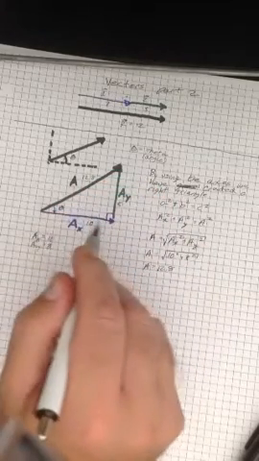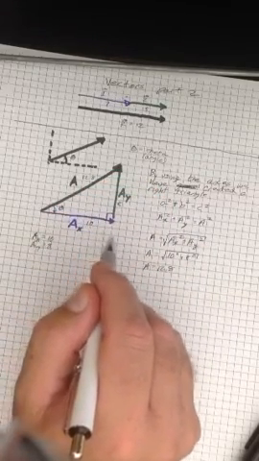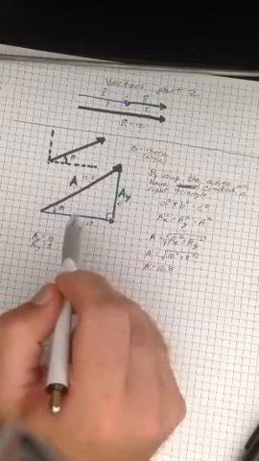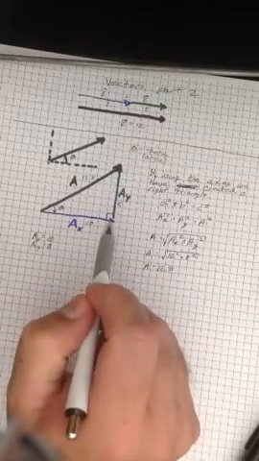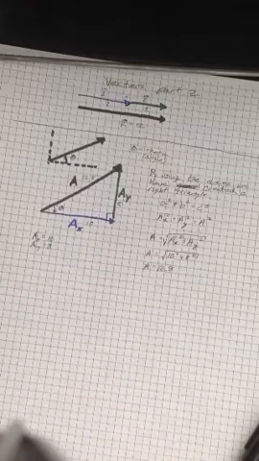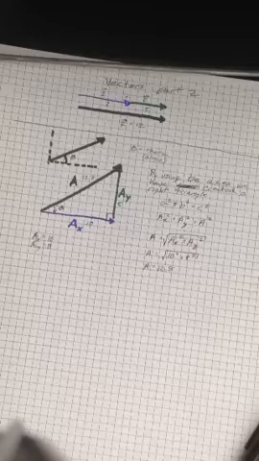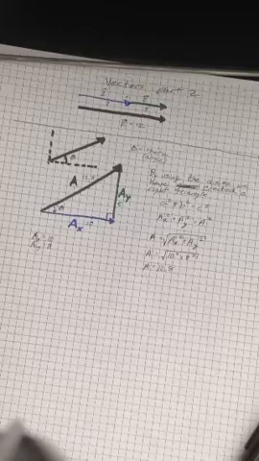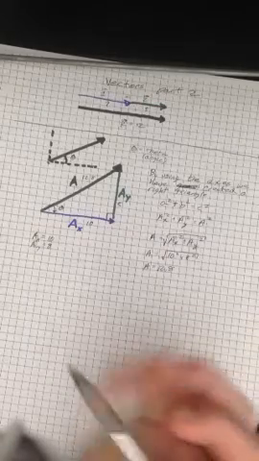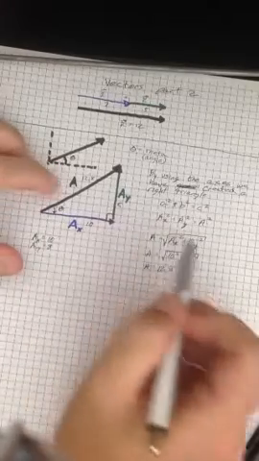On a right triangle, the hypotenuse should always be longer than each of the rest of the sides. Not put together, just longer than each of the other sides. So this is how we're going to break it apart.